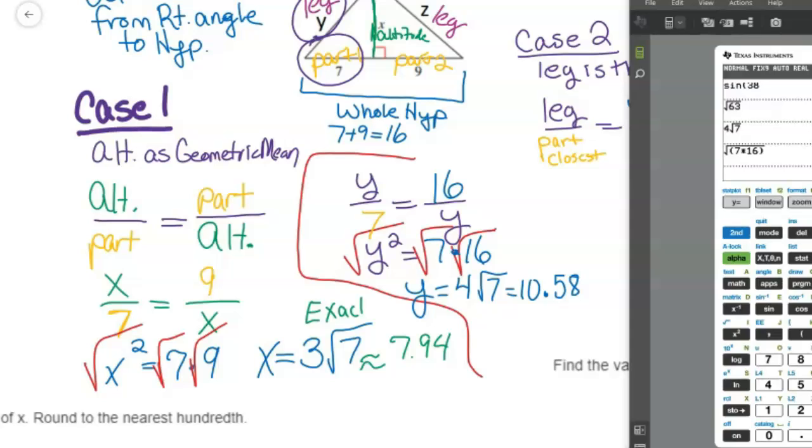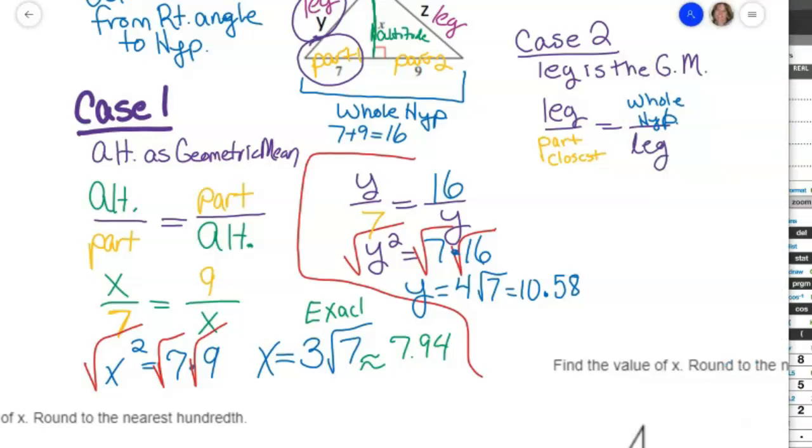All right, so I don't know what 7 times 16 is. Too big a number for me to try and float around in my head. All right, so that gives us y.